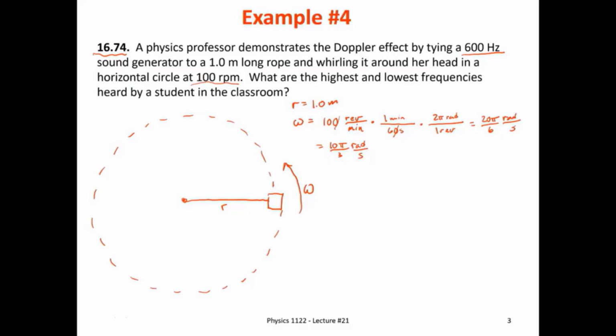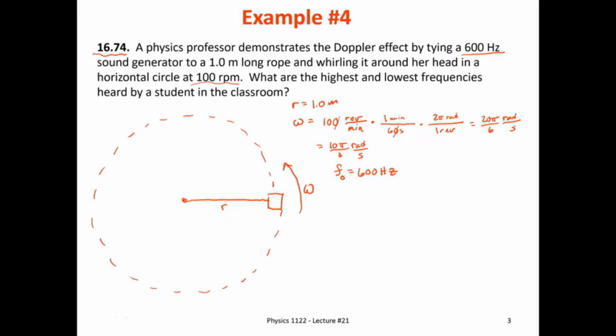And then we're told that the sound generator generates a frequency of 600 hertz, which would be f0 in the equation that we're about to use for the Doppler effect. So that would be the frequency of the actual tone emitted by the sound generator.